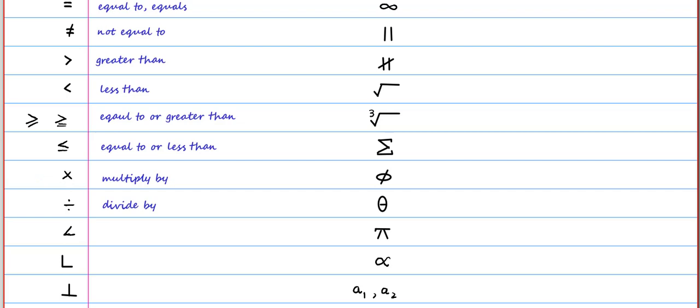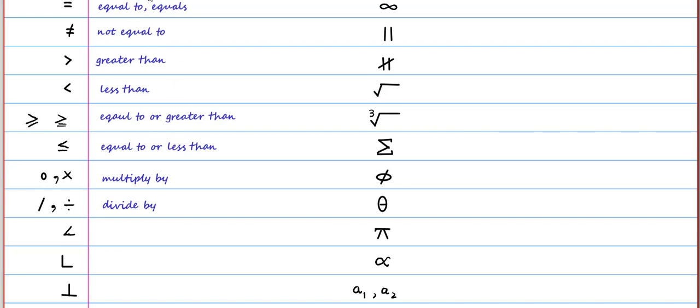Let me use the black color for it. And for divide, you can either use this sign or a slash. This also means divide. For multiplication you can use either this or this, and for division either this or this.